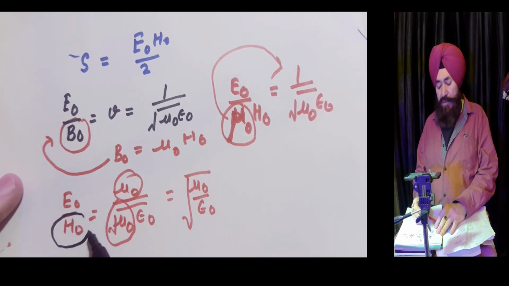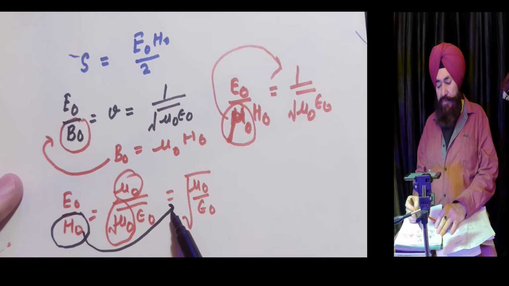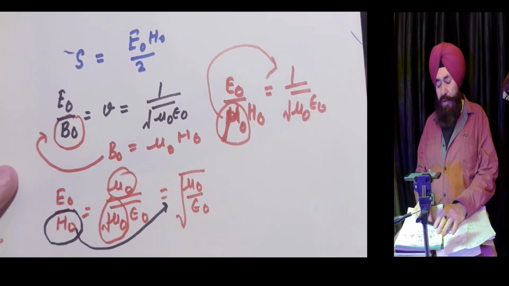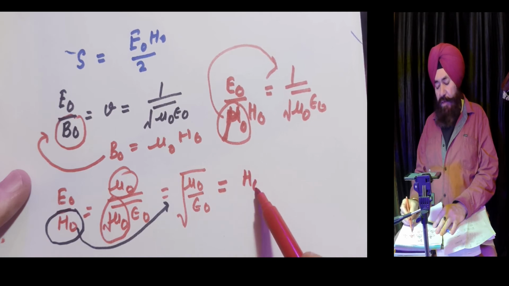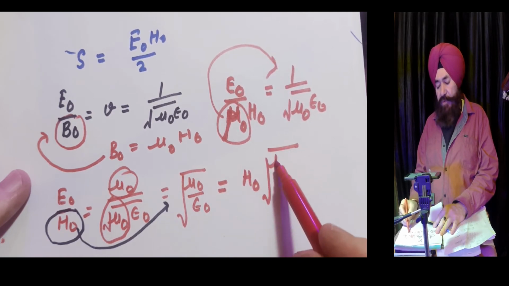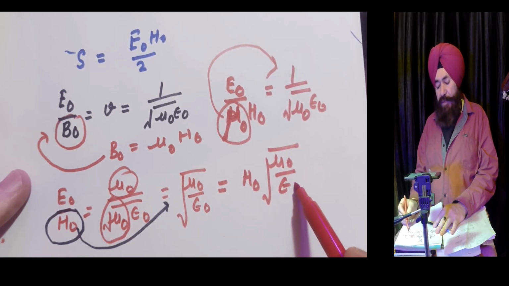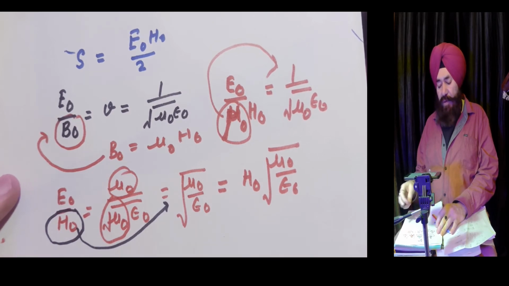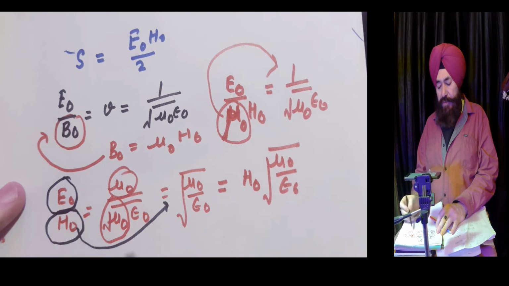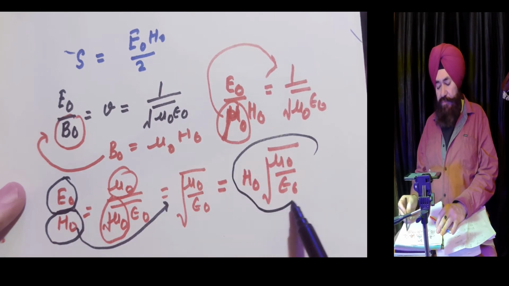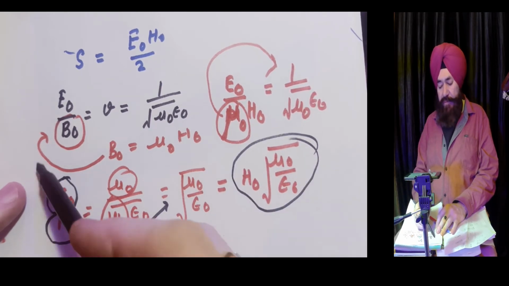So this H naught is taken to this side. So E naught becomes H naught under root of mu naught epsilon naught. Now substituting this value of E naught here.